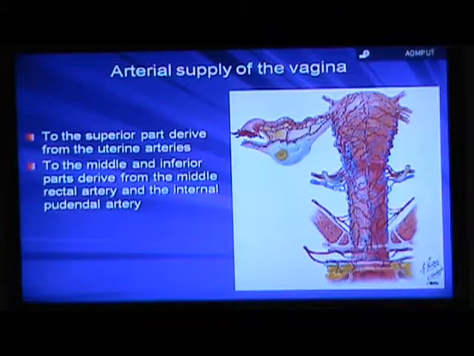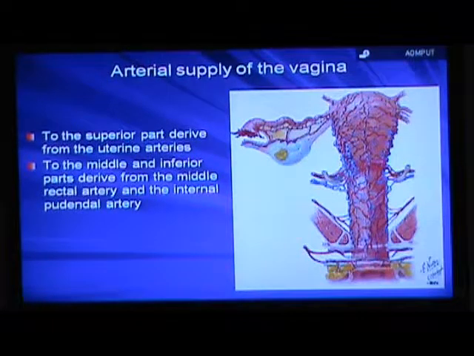The superior part of the vagina is supplied by branches from the uterine artery. The middle and inferior parts of the vagina are supplied by the middle rectal artery and the internal pudendal artery. Of course, there are 3 vessels: the uterine artery, the middle rectal artery, and the internal pudendal artery.